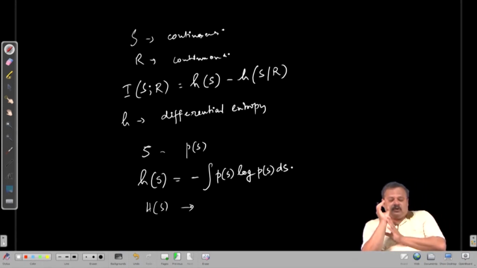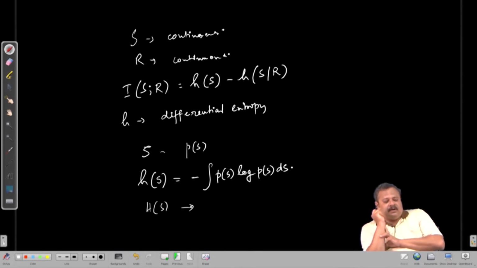We can show that by discretizing the stimulus space with very small bin size and taking the limit as the bin size goes to 0, the entropy, capital H of S, becomes infinite.